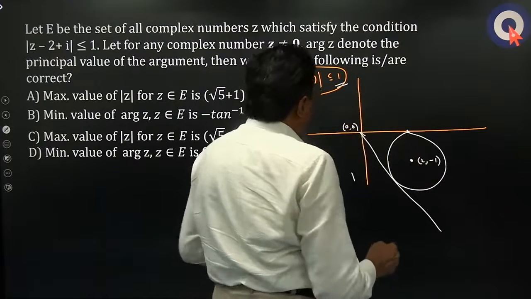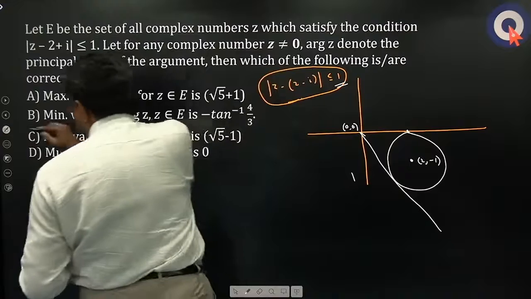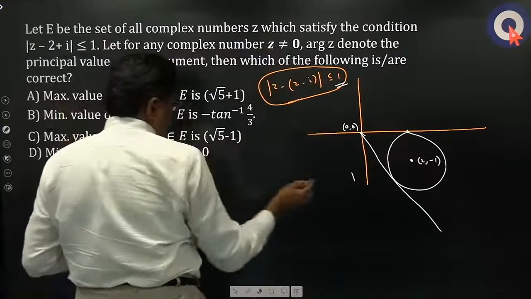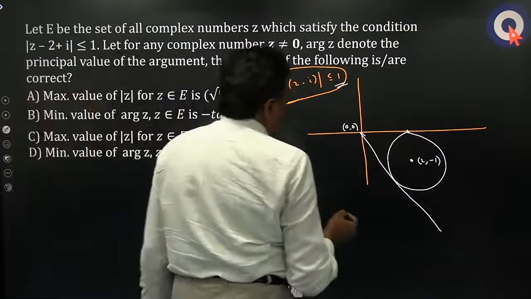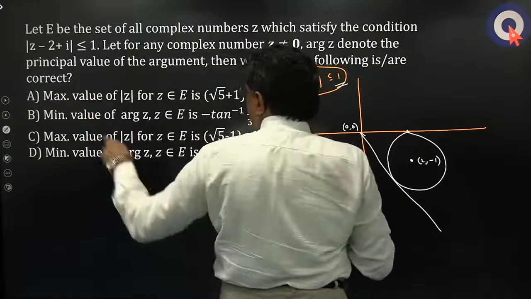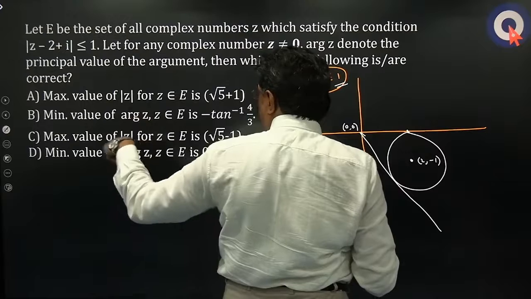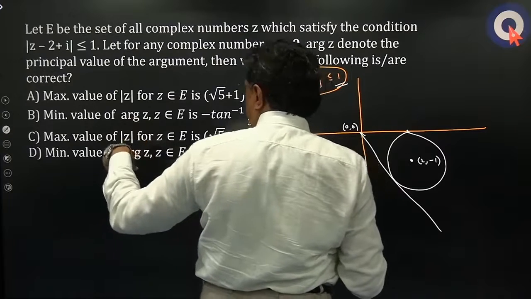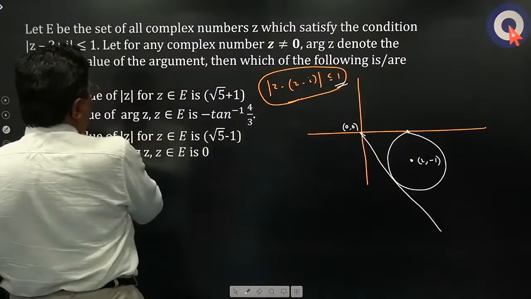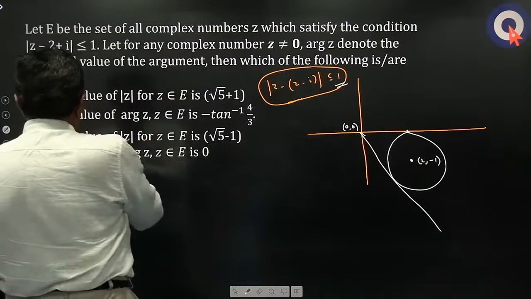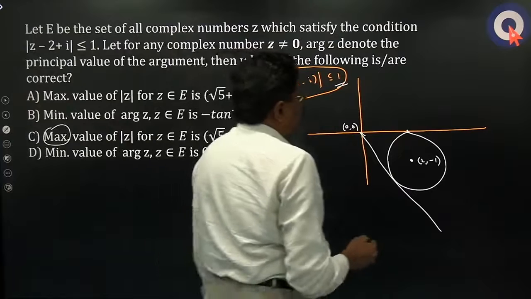And now, we want the maximum value of mod z and the minimum value of mod z. Here one of them is maximum and one of them is minimum. Let us see. This could be minimum.